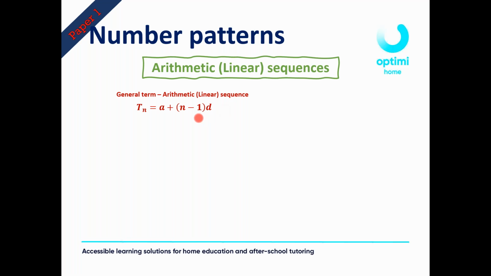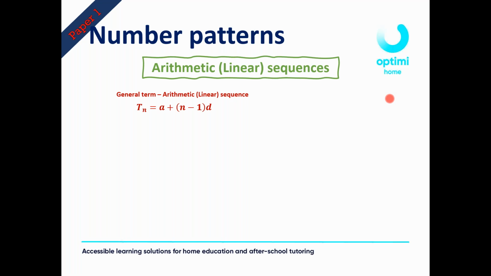The equation for an arithmetic or linear sequence, specific to this type of sequence, is the following: Tn, which represents my general term, is equal to a plus (n minus 1) times d. D, you already know, is your common difference. So given a linear sequence, you can already calculate d.